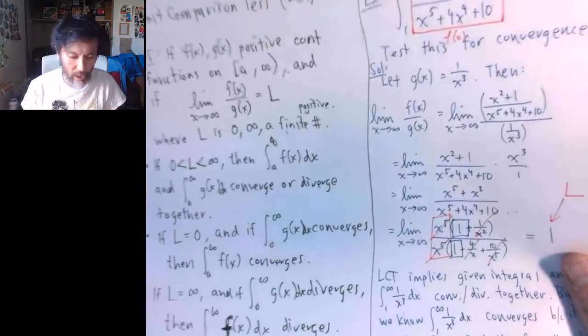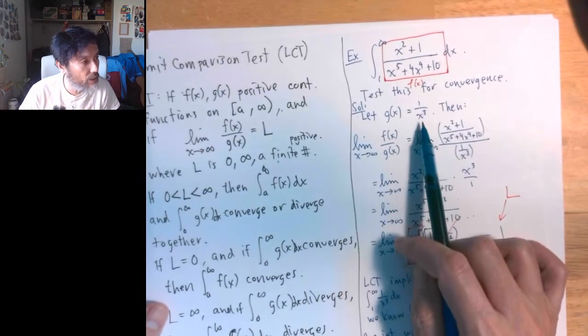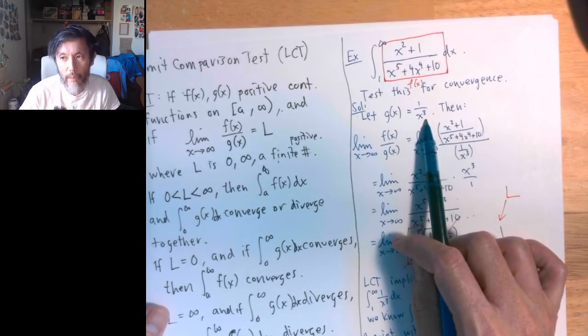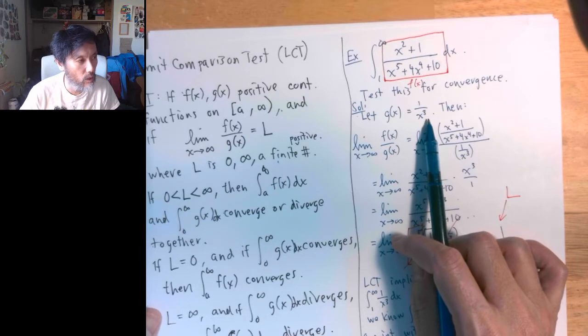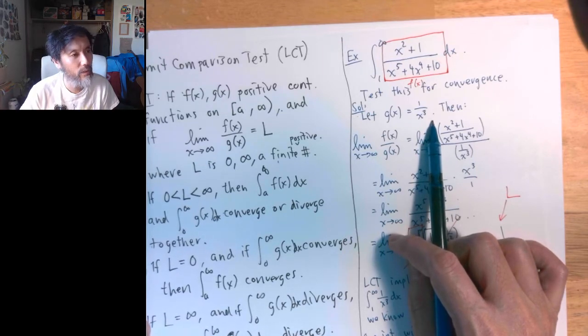So let's talk about how I chose that g of x. How did I know that for this f of x, this particular g of x would work? There might be other g of x's which work, but what we would like is the safety and security of knowing that a particular g of x that we choose will actually work out for us.